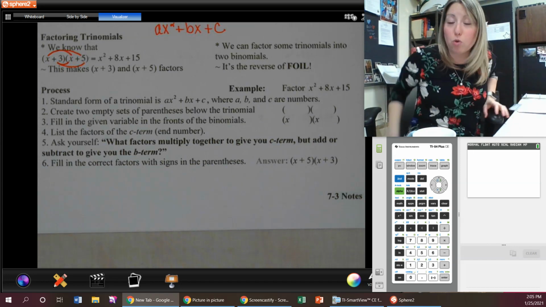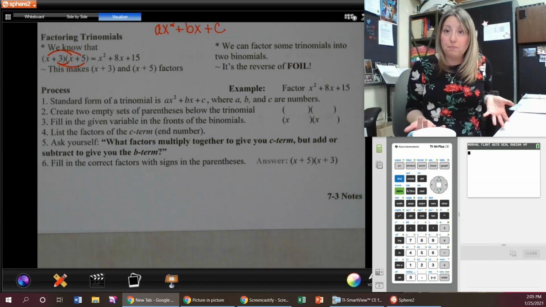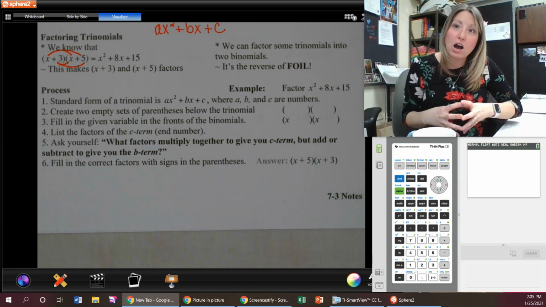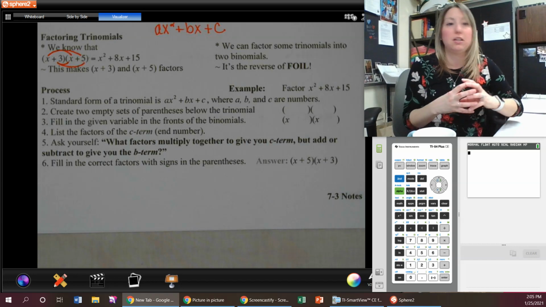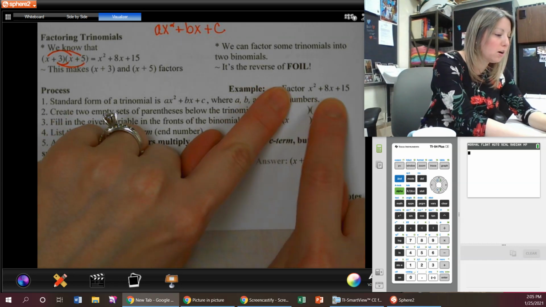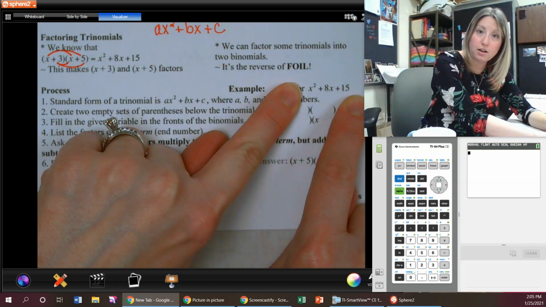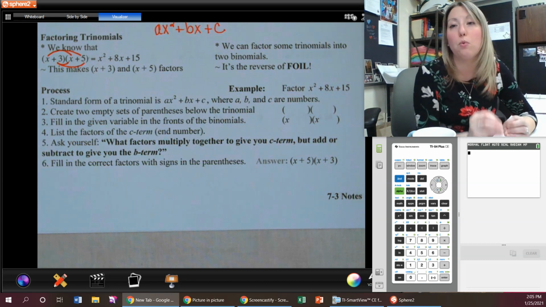In our X puzzles, of course, that was the bottom number. But now this is the form we look at, and that's how we factor it back down.